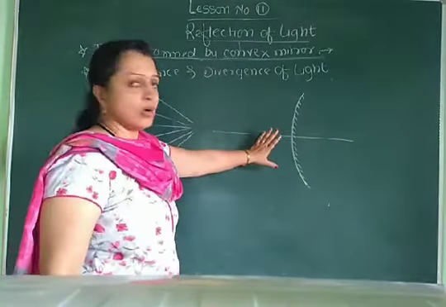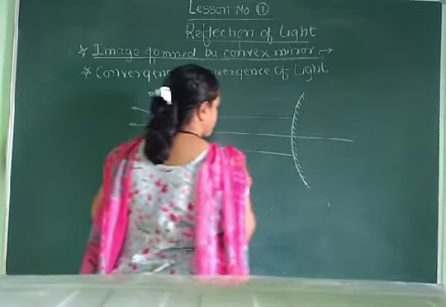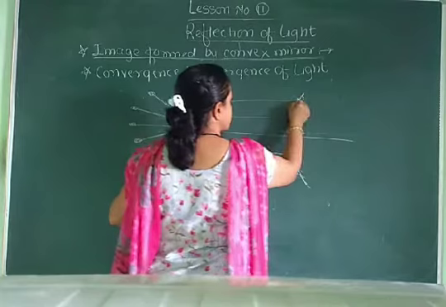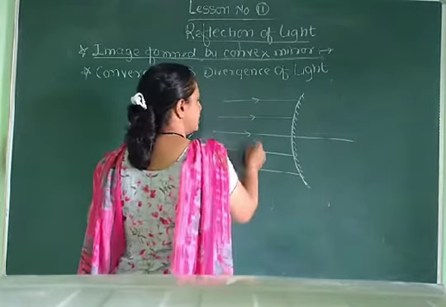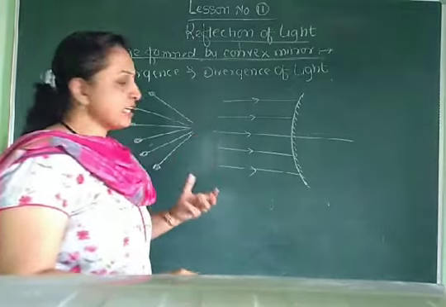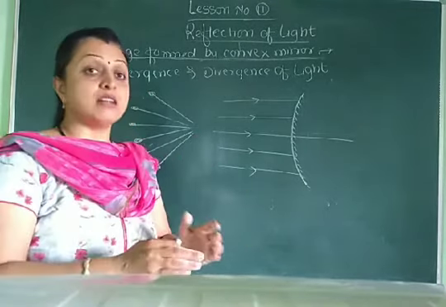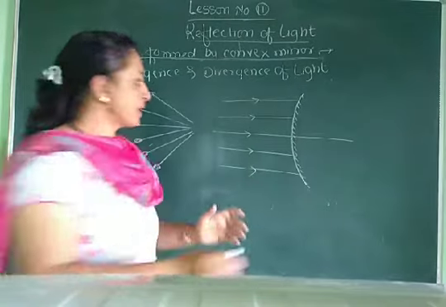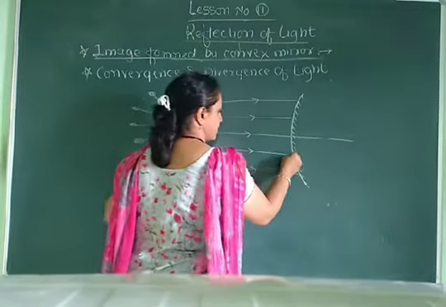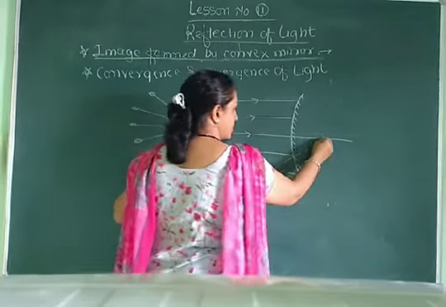So we take a convex mirror, and if a parallel beam of light is incident on this convex mirror, parallel to the principal axis, then after reflection all these rays will be moving away from each other, which means they are diverging from each other. Like this.